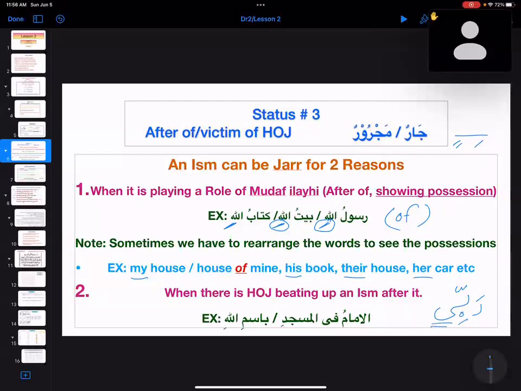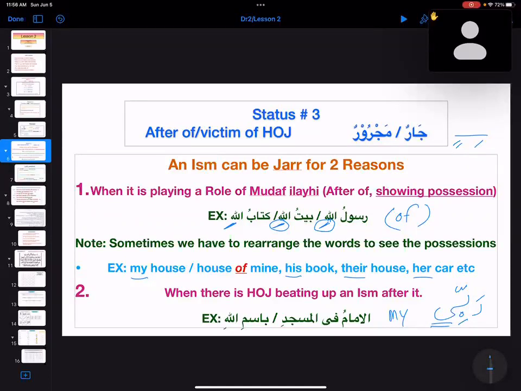This ya is my, and this is a pronoun, and that is going to be jar in status. But we didn't put the status here. But what did I say? Possession. My Rab, Rabbi, my Rab. So it's a possession. So that's why this my is basically jar in status.